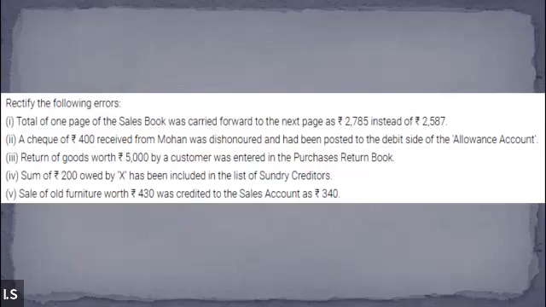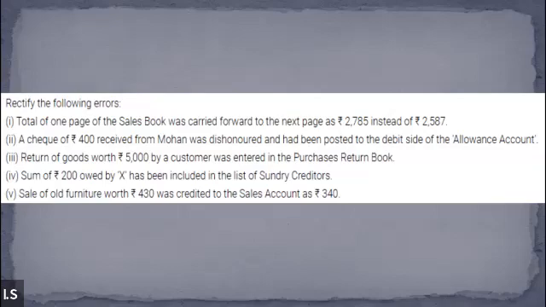To the suspense account. So whether suspense account need to be debited or credited? Credited. You must have debited sales account by 340, right? And furniture account must have been credited by 430 rupees, right? Is that what you have done now? No, sir. You haven't done it.